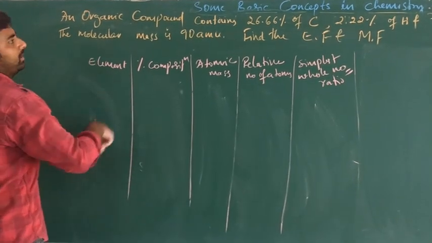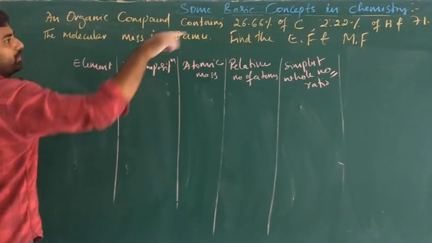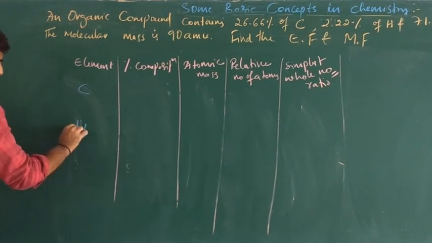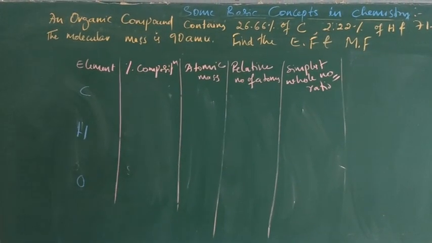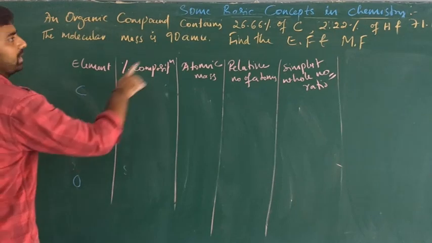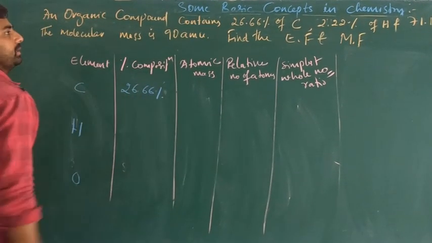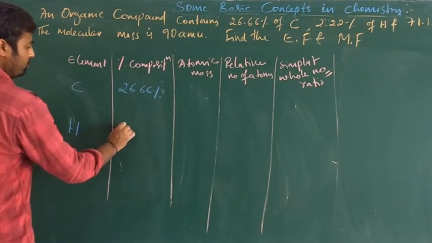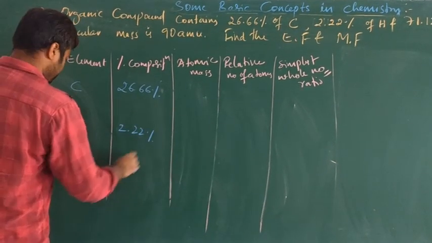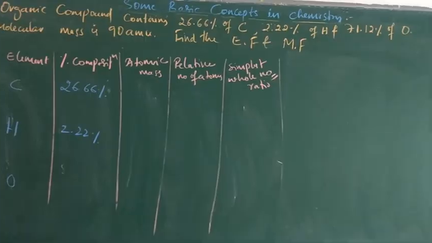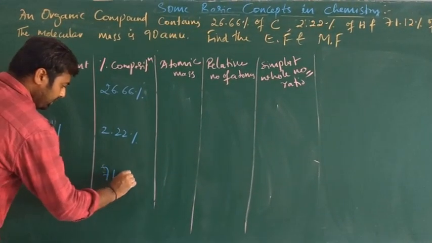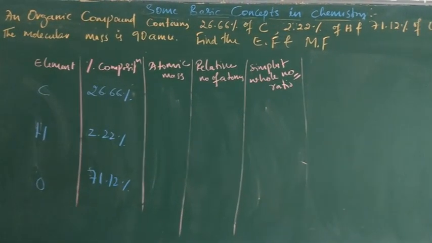In the element column, carbon, hydrogen, oxygen are there. What is the percentage composition for carbon? It is 26.66%. For hydrogen it is 2.22%. For oxygen, 71.12%.